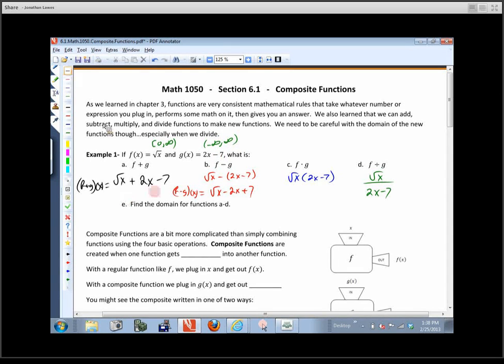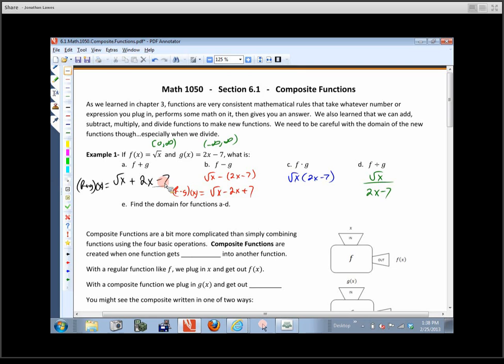So on this problem right here, once I put them together, what's the domain for this new function? It is 0 to infinity, including 0. That's what it is. It's the more restrictive of the two.